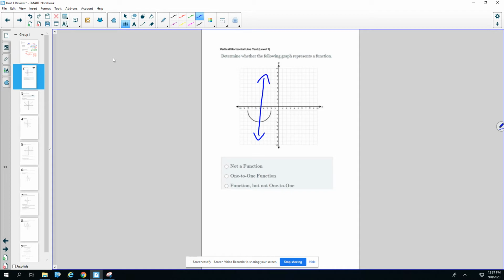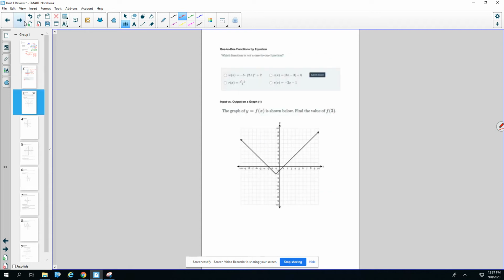And if you click see the answer, DeltaMath has a really nice example where that vertical line is moving across the page, which is helpful to see too. I can't really do that myself. So that means, yes, it is a function. When I go this way, though, it touches in 2 spots, so that is not 1 to 1. Okay, it passes the vertical line test, but not the horizontal line test. So function, but not one-to-one.